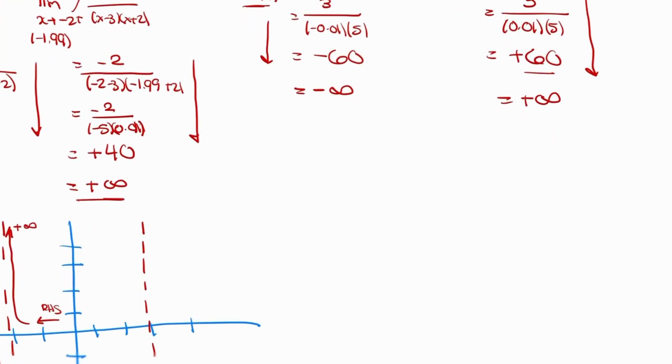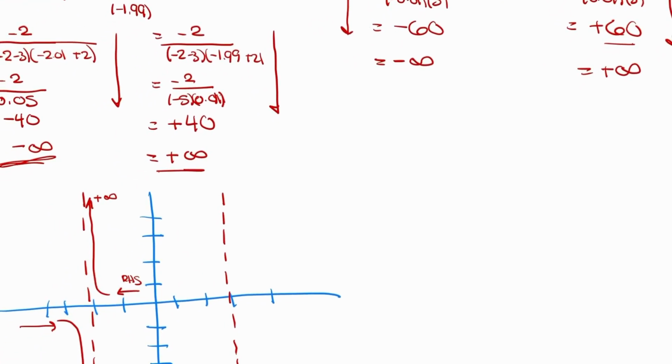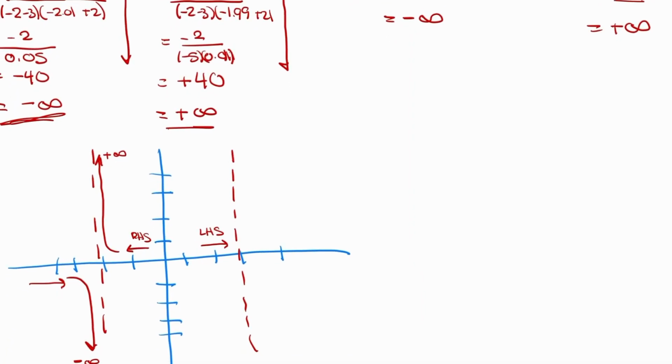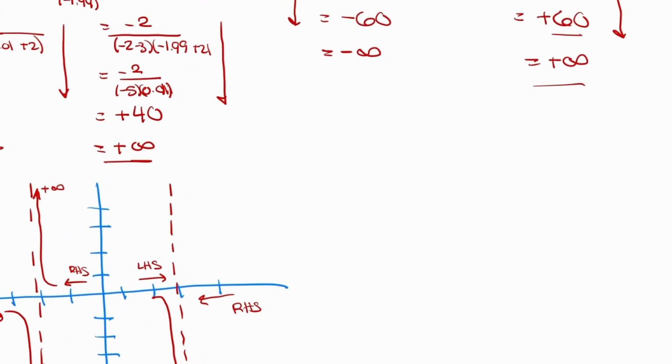So how does that translate to our graph? Well, as we are approaching 3 from our left-hand side, that's telling me that this is going to be approaching negative infinity. It's getting more and more negative. As I'm approaching from the right-hand side, however, I am approaching positive infinity.